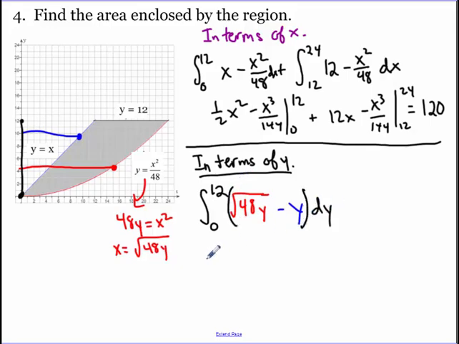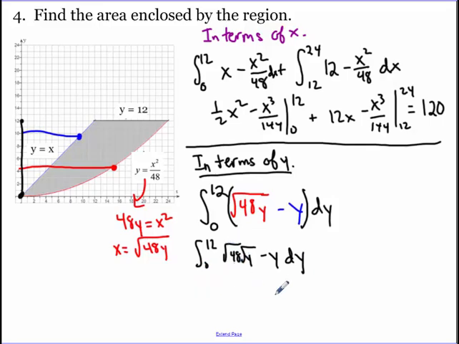So when I do the integral of that, what did I do here? I separated this out into root 48y, root y, I apologize, minus y dy.